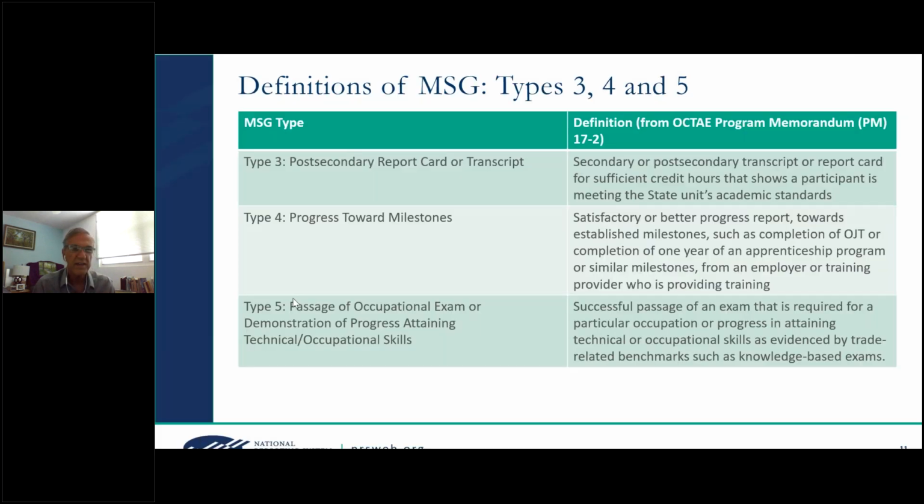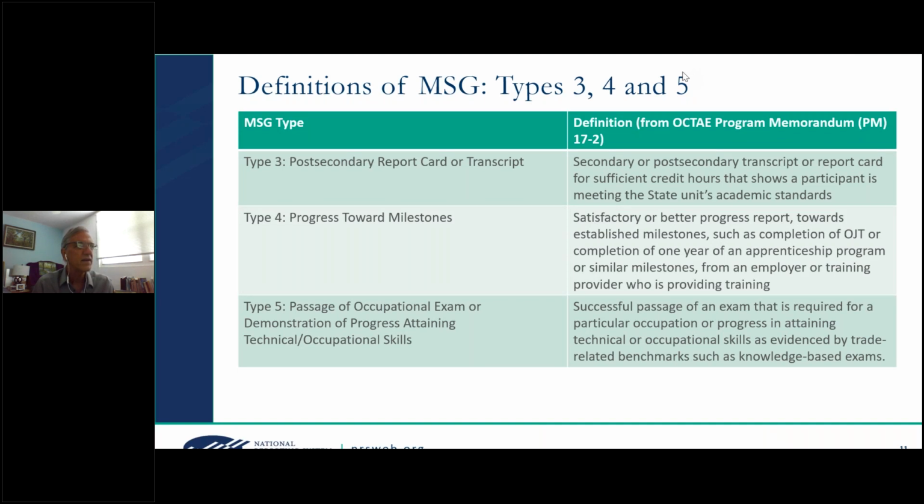So briefly review those as our next item. On the next slide, I'm focusing on definitions 3, 4, and 5, which are receiving a post-secondary transcript, progress toward milestones, or passage of an occupational exam, or demonstrating progress toward attaining technical and occupational skills. These definitions are from Program Memorandum 17.2.